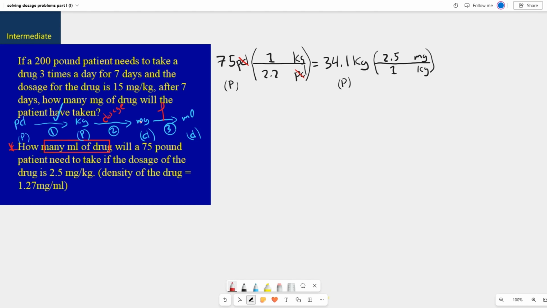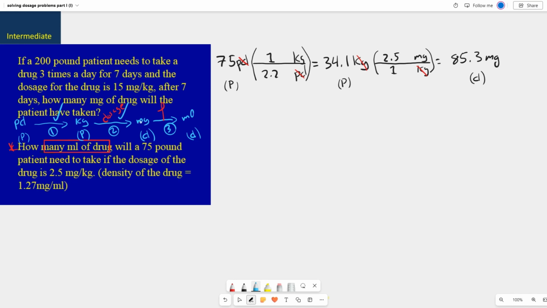Kilograms and kilograms will cancel out. And a 34.1 kilogram person times 2.5 divided by 1 will take 85.3 milligrams of drug. Now we're into drug. This is the mass of the drug. And so that's our second step done.